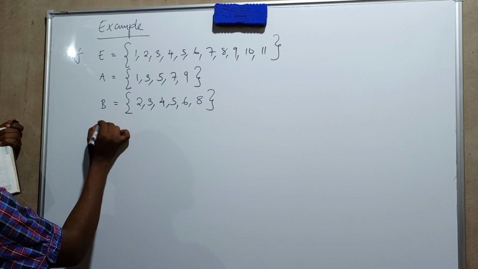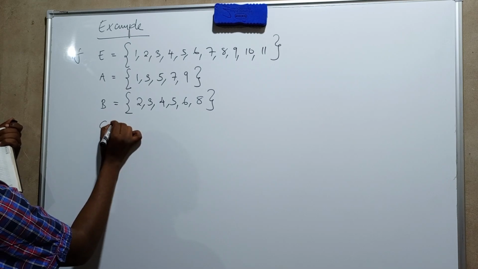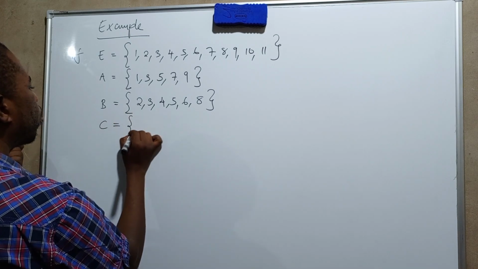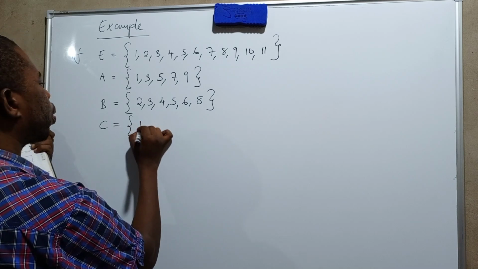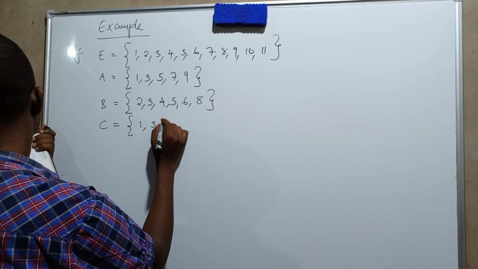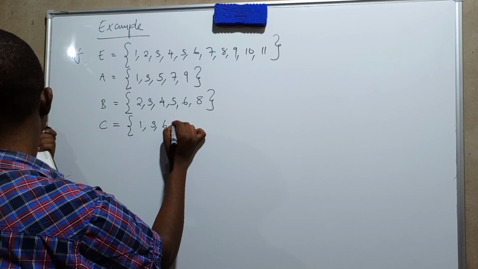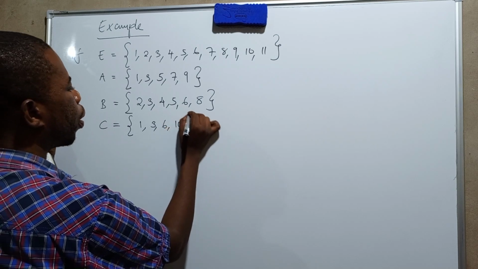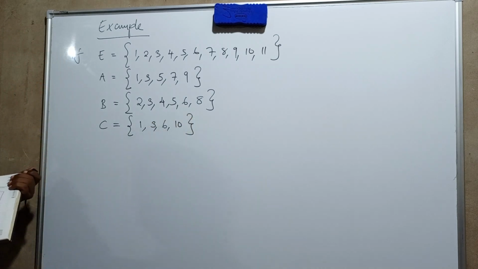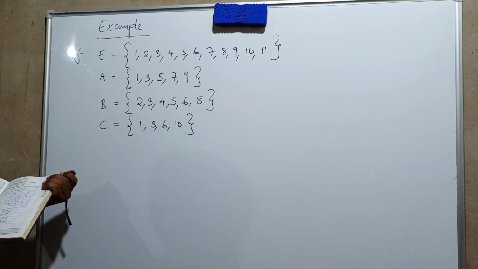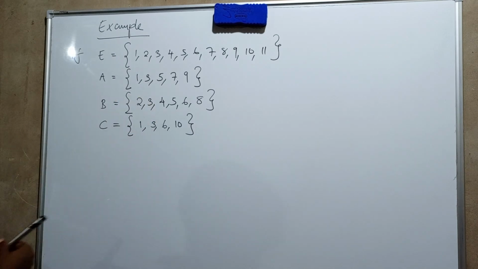Then we have lastly C, which has 1, 3, 6, 10. Then the question says illustrate this information on a Venn diagram.